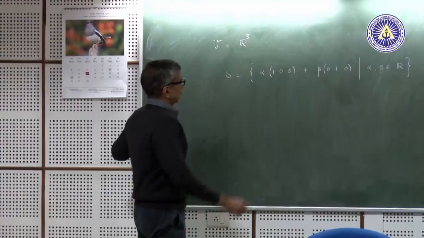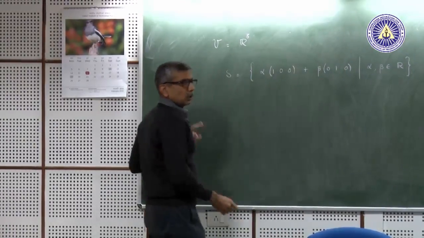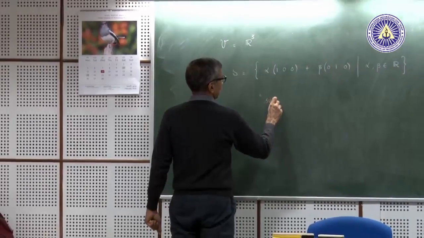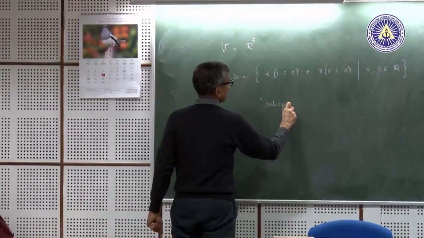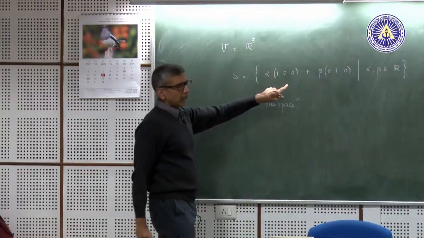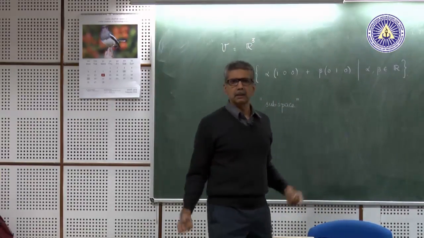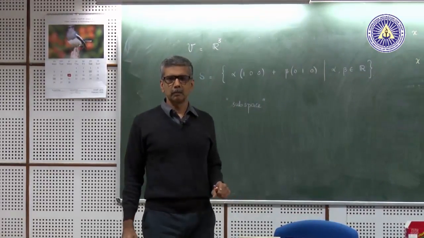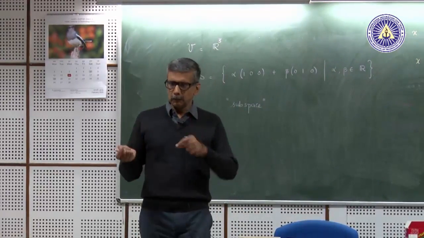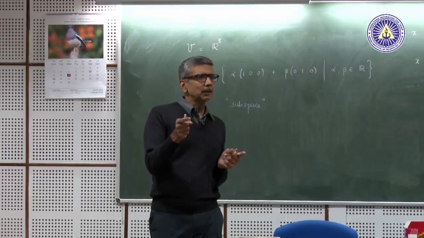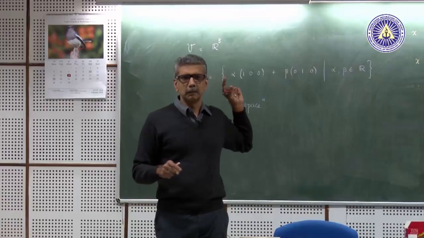Now, this set is called a subspace. Why is it called a subspace? Because if I take any 2 elements in this set, the sum of those elements will also be in that set. Even the linear combination of those elements will be in this set.